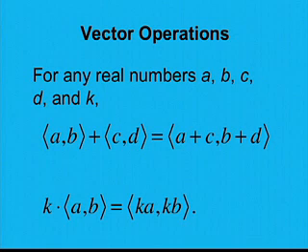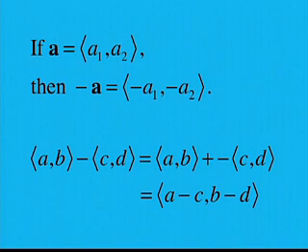The first two get added together, the second two get added together. When we're multiplying k times vector a, b, you multiply k times each component, k times a and k times b. If vector a is equal to a sub 1, a sub 2, then negative vector a, or the opposite of vector a, is equal to the vector negative a sub 1, negative a sub 2.